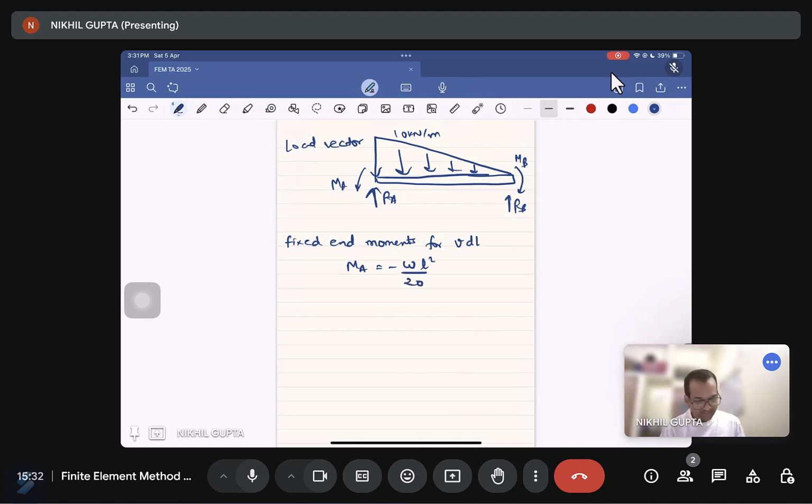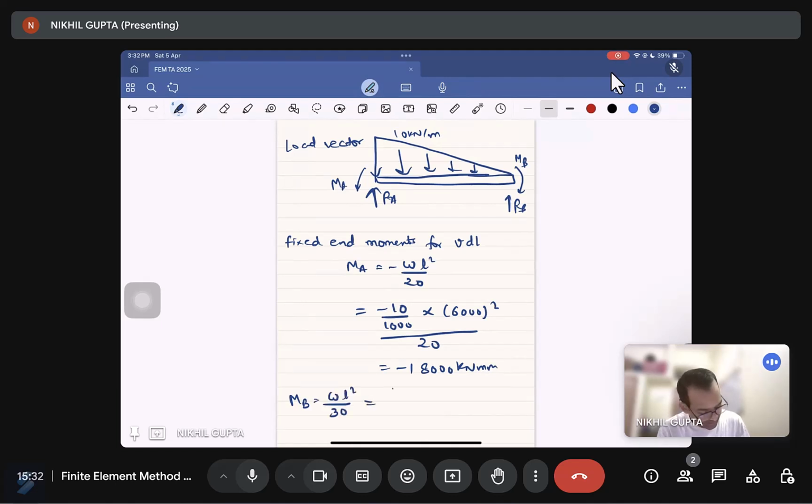So let's start putting the values in it. It will be minus 10 by 1000 into 6000 whole square divided by 20. So it will become minus 18,000 kilonewton mm. Similarly, MB will be WL square by 30.